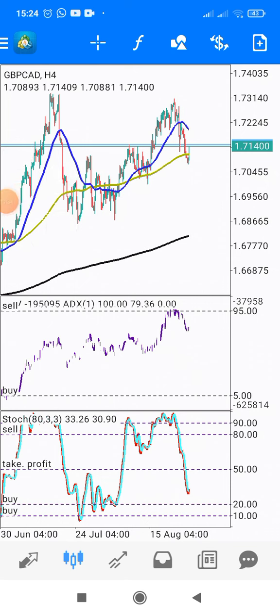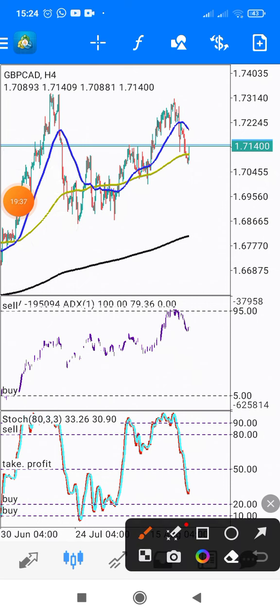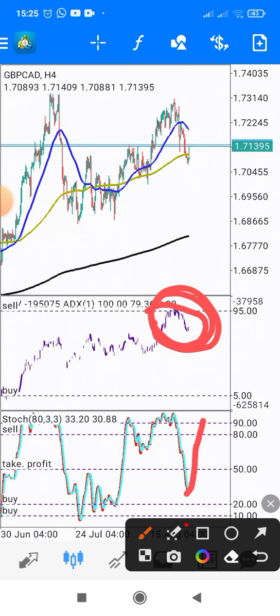So this one demystifies. You cannot base your entry on this one alone, that level. For you not to be pushed out of the market, we have to wait for this stochastic to come back, because already stochastic is about to reach 20, which means if you enter at that point, your stop loss is going to be more pips.